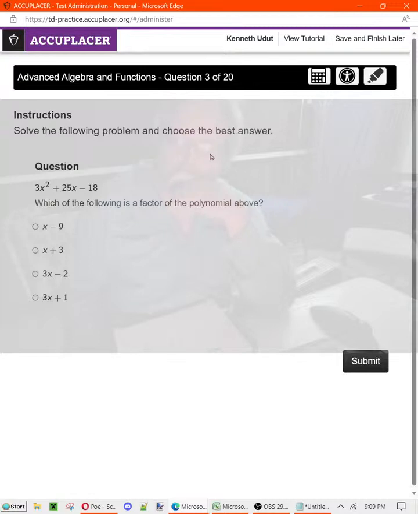I need to know why this works. What is this called? What is the history of it? And I can do this. History of the polynomial.